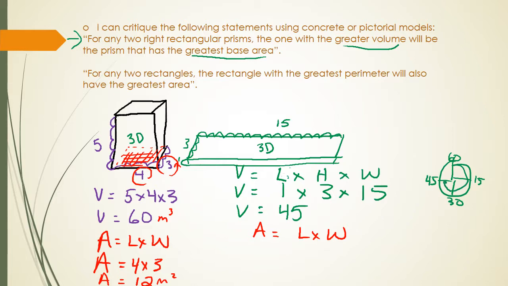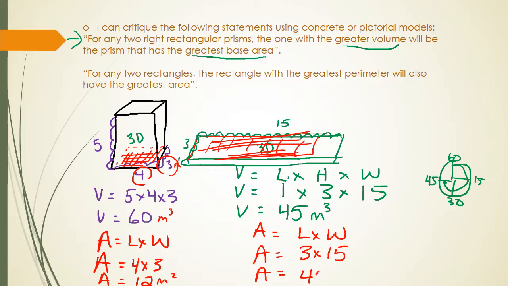And that is cubic meters. And then our area for that particular shape, we are just talking about the base. So 3 times 15 would be that bottom area of the base, what is sitting on the countertop. So 3 times 15, which is also 45, and it's just meters squared.